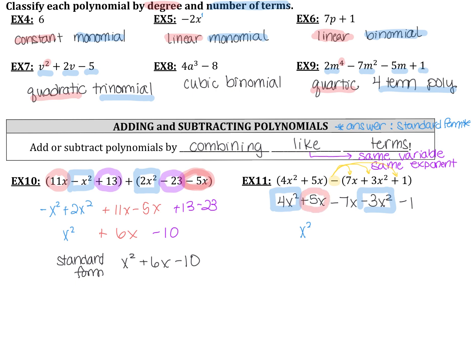I have a positive 5x and a negative 7x, and together those make negative 2x. And then finally, I'm going to look at my constants. Well, I just happen to have one constant, so I don't really have any other like terms with it, so we're just going to put minus 1. And my final answer to this would be x squared minus 2x minus 1.